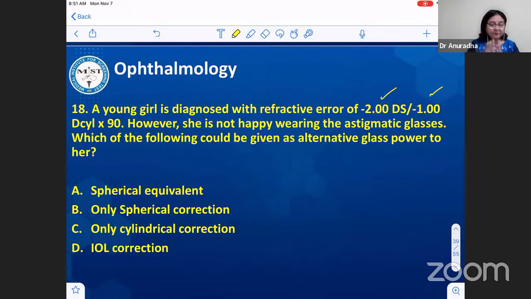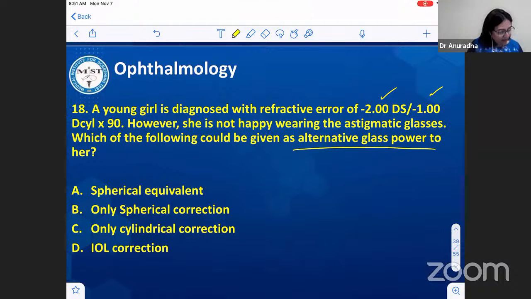Because some people who have cylindrical power do not feel comfortable wearing cylindrical glasses, is there any alternative for them? That is what the examiner is asking you. And what choices is he giving me? I can give her spherical equivalent. I can give her spherical correction. I can give her only cylindrical correction. IOL correction.